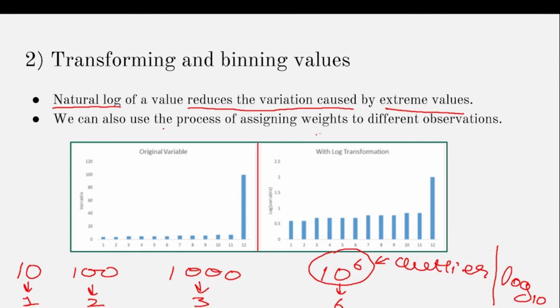Another way in which we can transform our data is by assigning weights to the observations. Similar to transforming, we can also use binning. Binning is used to smoothen the data and to handle the outliers. In this method, the data is first sorted and then the sorted values are distributed into a number of buckets or bins. So that's about binning.